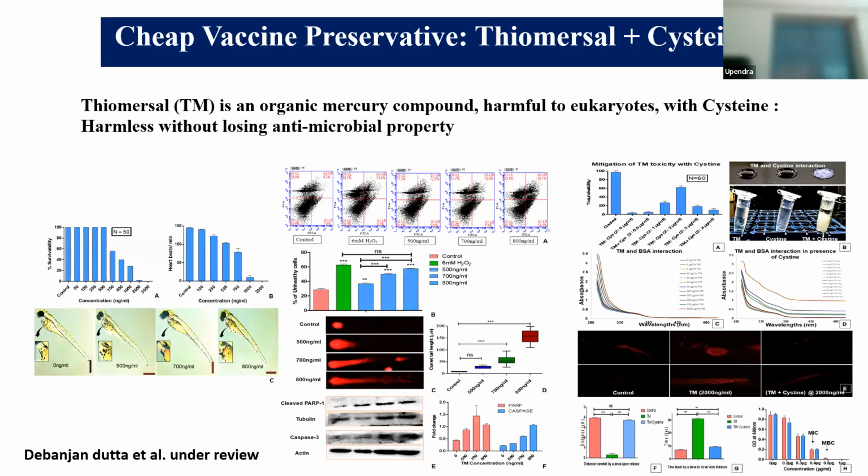However, it retained the bacterial killing affinity, and it can kill efficiently. We haven't patented it, but tomorrow you can just mix the cysteine with the thimerosal, and they can be used for any kind of storage, vaccine storage and so on.